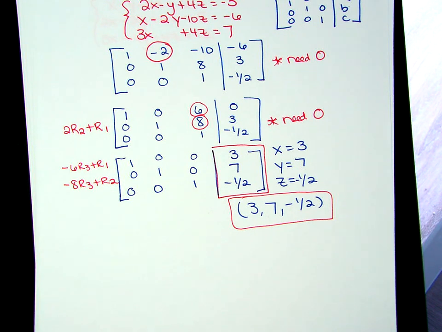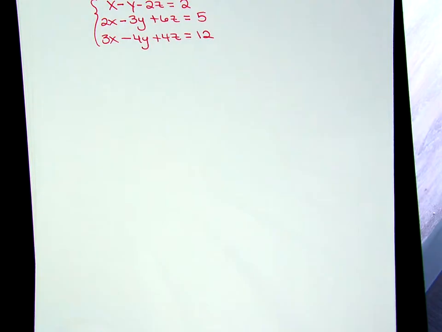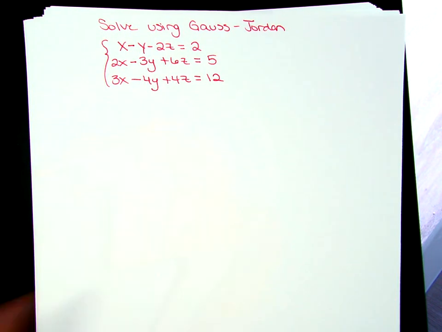Okay. We're going to do another one. Here's your new system. This one is asking for Gauss-Jordan. So you're going to get all the way to the reduced row echelon form.